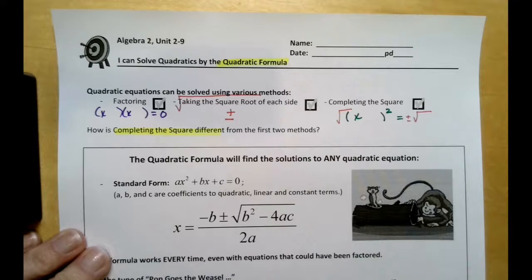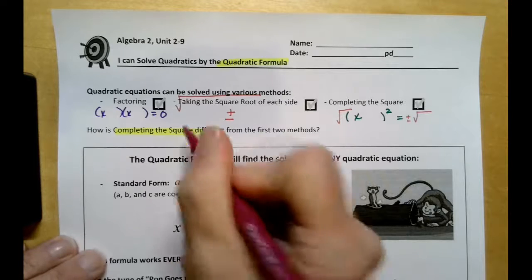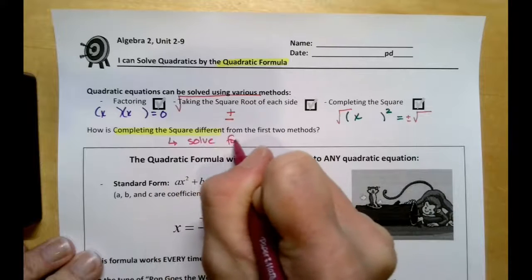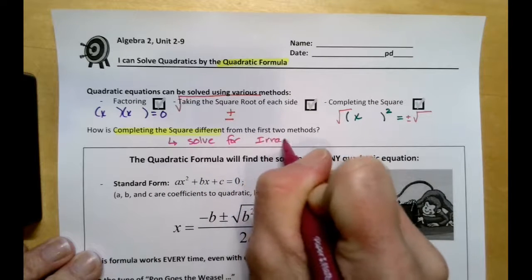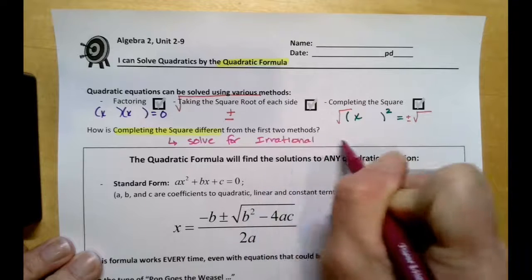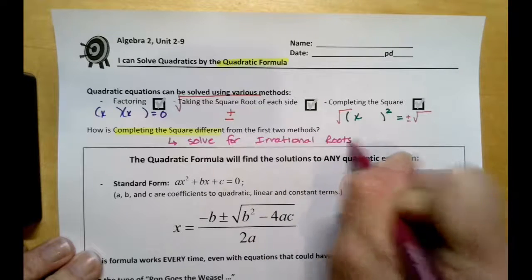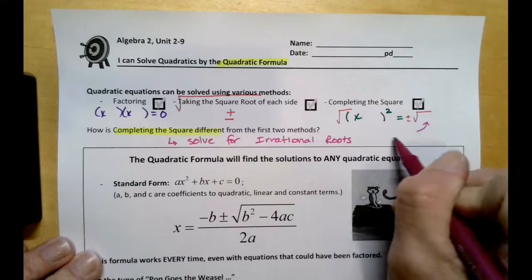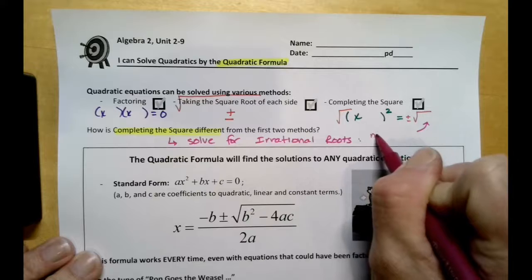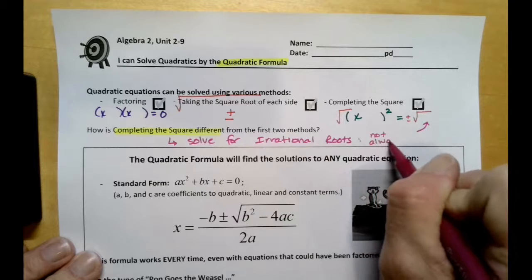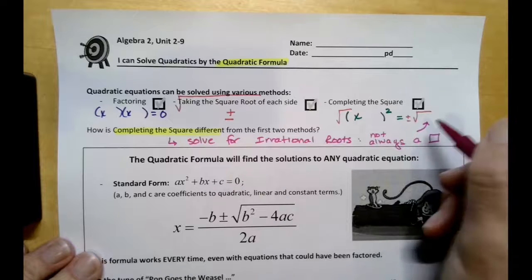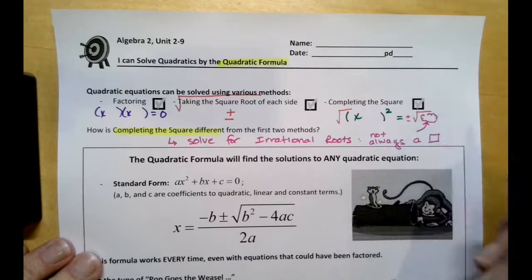And this is a really important conversation because completing the square allows us to solve for our irrational roots. And that is because a lot of times what is underneath the radical is not always a perfect square, and we sometimes end up with a radicand that we cannot simplify.